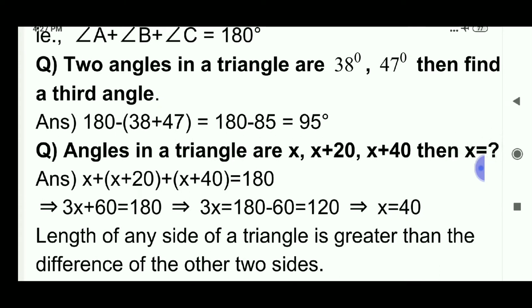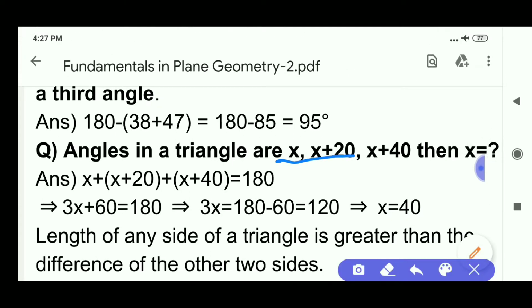One more question. Angles in a triangle are x plus 20, x plus 40. Then what is x? Angles in a triangle, so the sum is 180 degrees. That means x plus 20 plus x plus 40 is 180 degrees. Observe how many x are here. 2x are here.